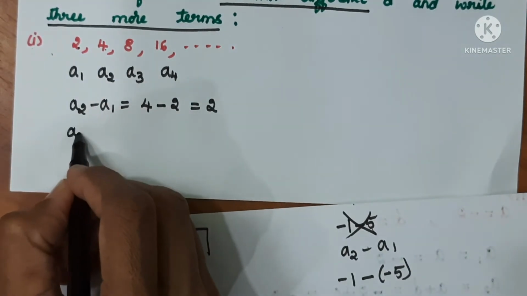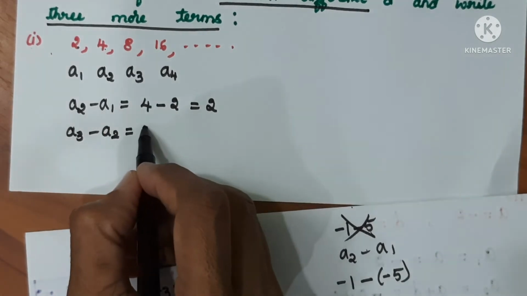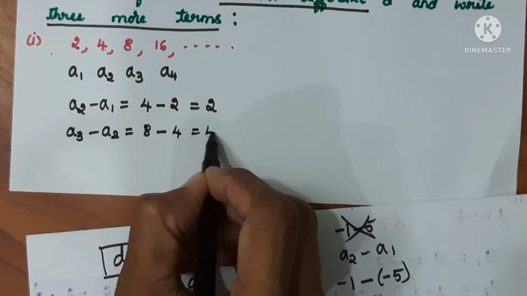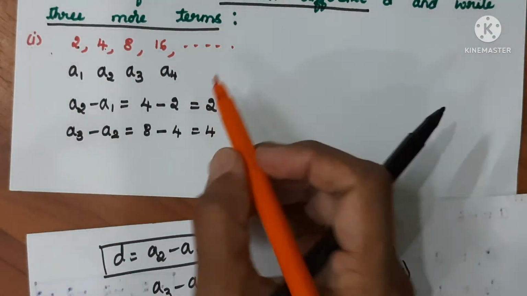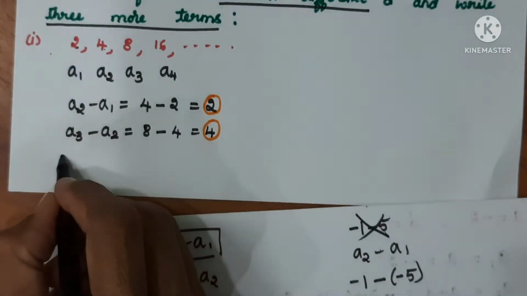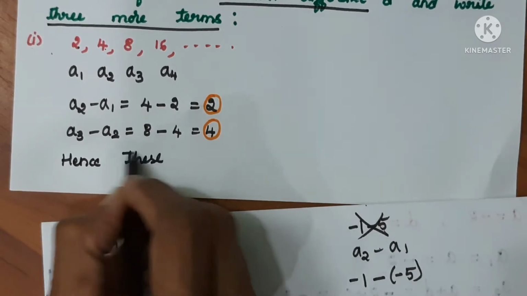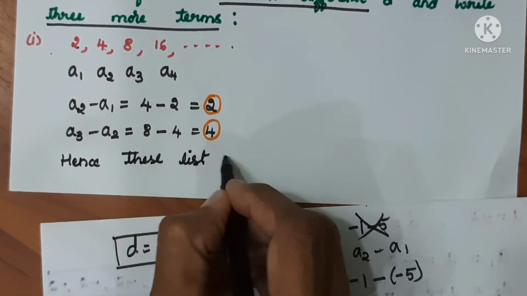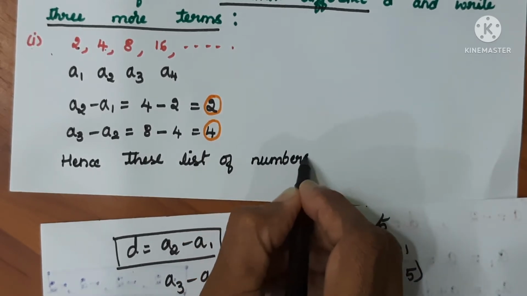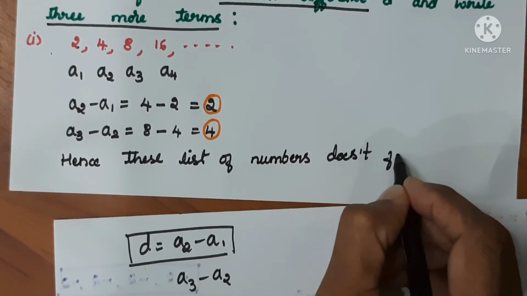Again A3 minus A2 equal to, the third term, 8, minus the second term, 4. 8 minus 4 is 4. Here you can clearly see that the difference is not the same. They are not equal. So hence this list of numbers does not form an AP.